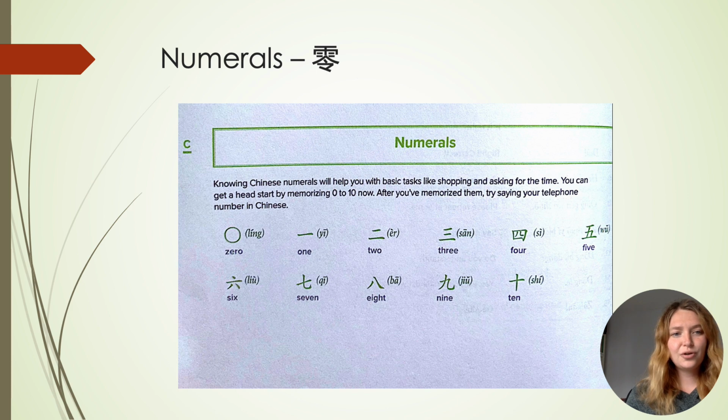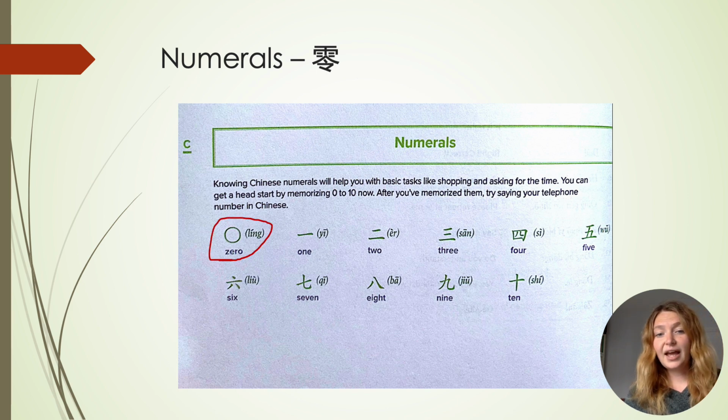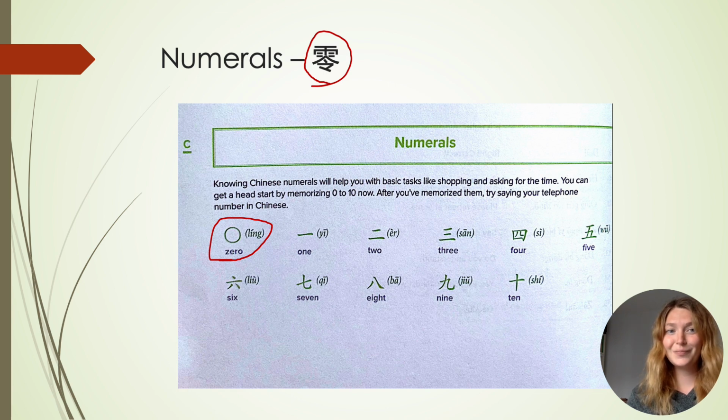One other thing I wanted to show you is 0 is Ling, and they do use this circle to represent 0. They also have a character up here. This is also Ling, which means 0. But luckily we don't need to know how to write that one quite yet. You can just use the circle for 0.